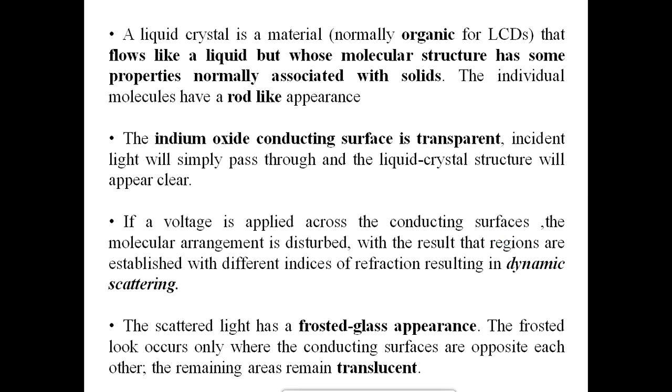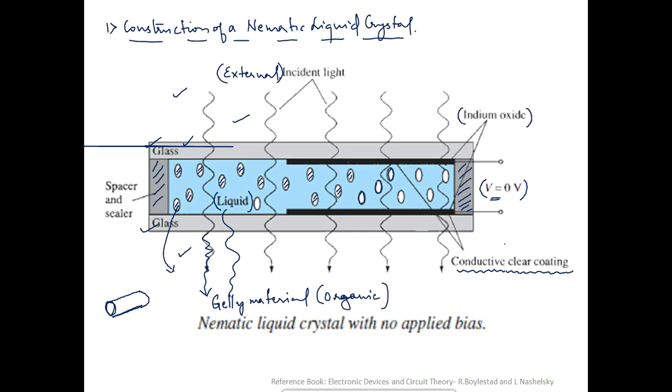So the theory explains the same thing. You can go through the theory content at your leisure time. So that was all about nematic liquid crystal. The point is, without any externally applied bias, the molecules will be in their stable or natural state.